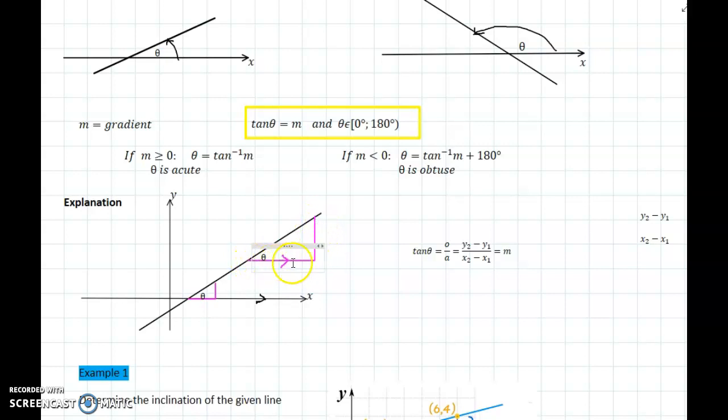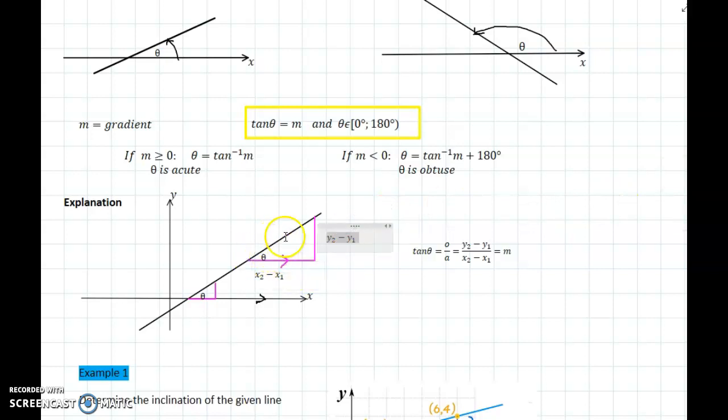And so now the horizontal here would be your change in your x. So let me just move this here. That would be the change in the two x values. And of course the vertical would be the change in my y values.